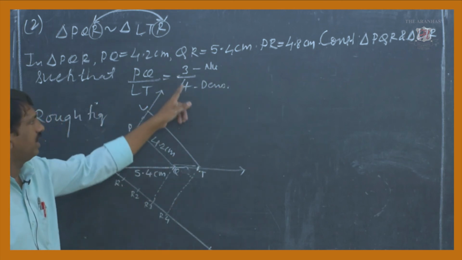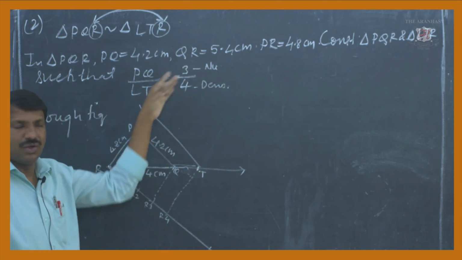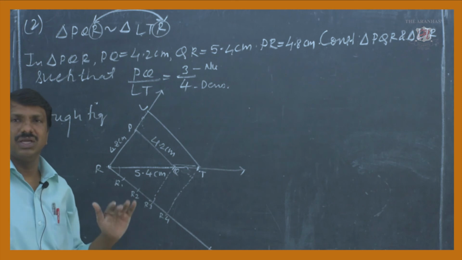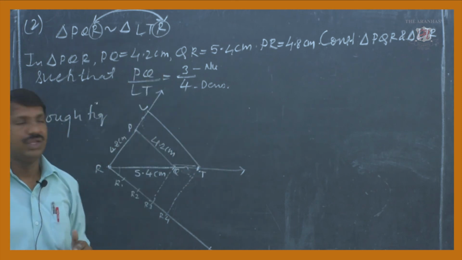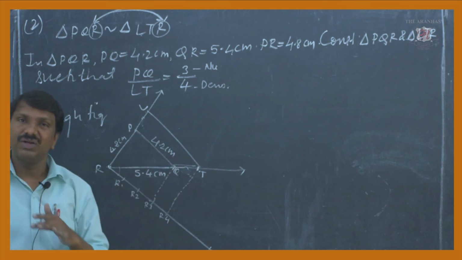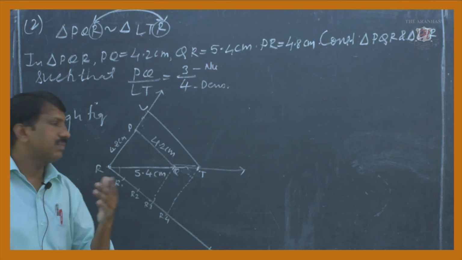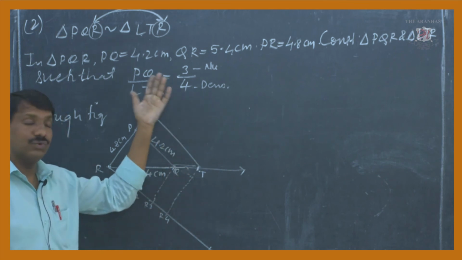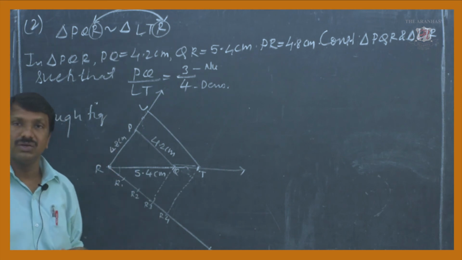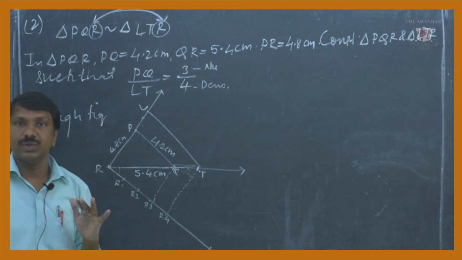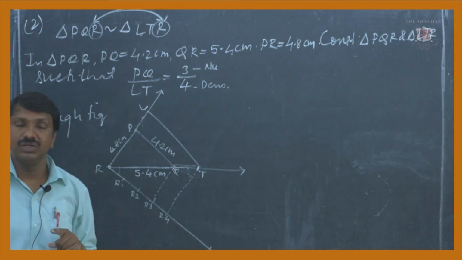Here the denominator is greater than the numerator. So in this condition you can extend the base of the given triangle. For dividing into the greater ratio, obviously the base has to be divided according to the condition.